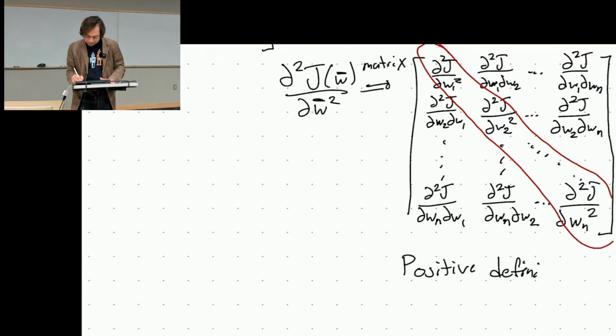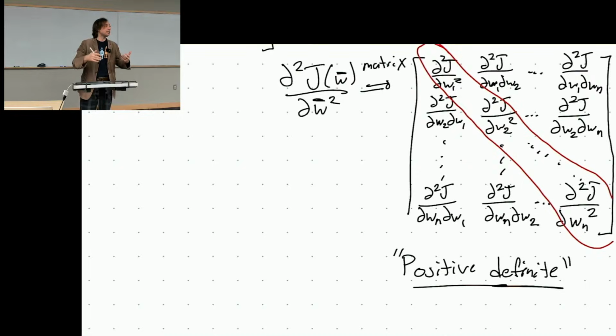If you take a linear algebra course, we won't talk too much about this here, but the idea is that if this matrix is positive definite, it's a property of the matrix, then the whole thing is positive. And therefore, I don't care how multidimensional this space is. If it's positive definite, it's a bowl in that area. It's concave up as opposed to concave down.